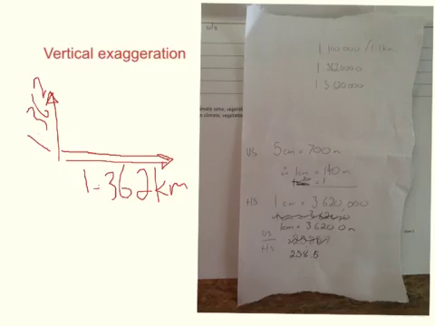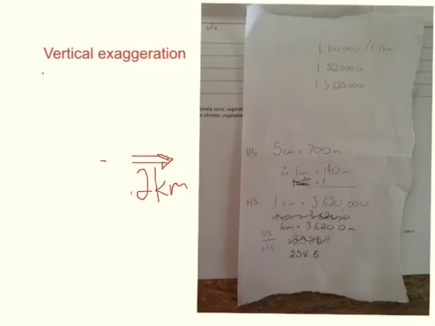There'd be no way to really get any definition out of it, and so it'd really be quite an unhelpful cross-section. So what we do, we change the vertical scale and make it something that's a bit more usable. In my example, if you think back, the horizontal scale stayed the same.